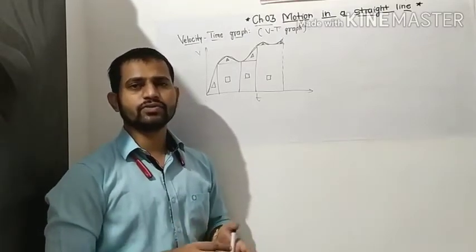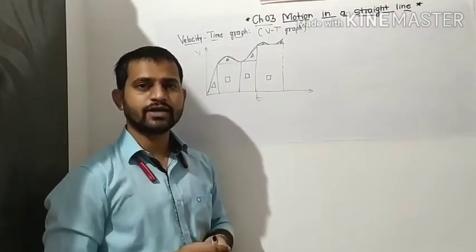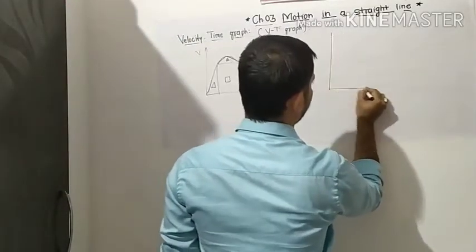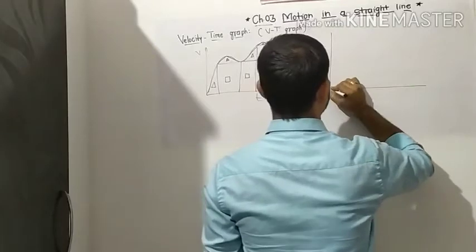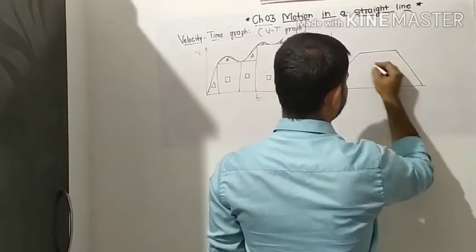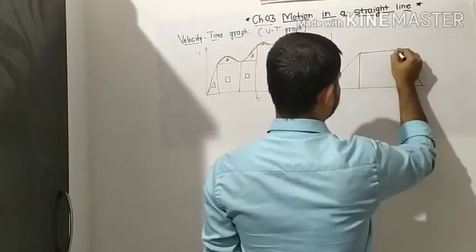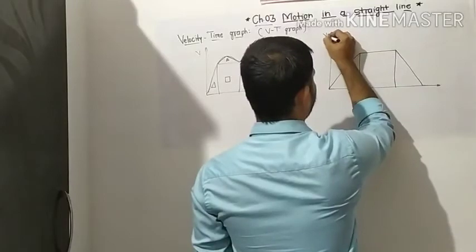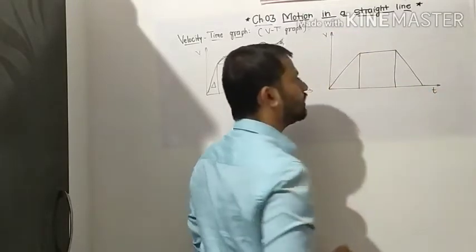Suppose we have such a standard profile, like one trapezium here. In such a profile we can get the direct area.